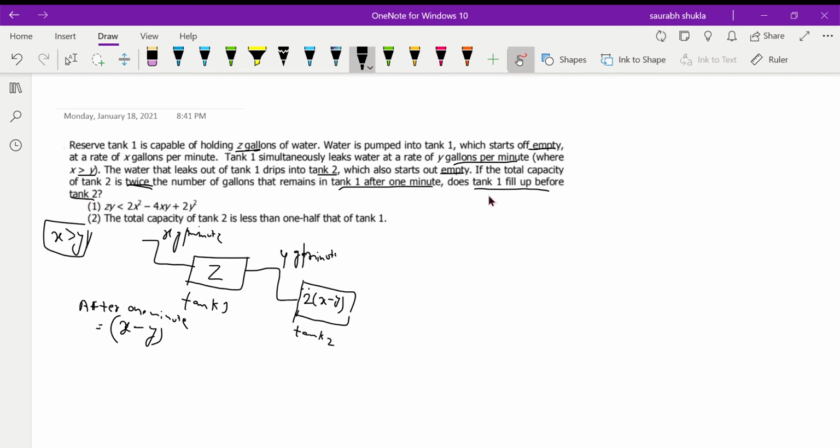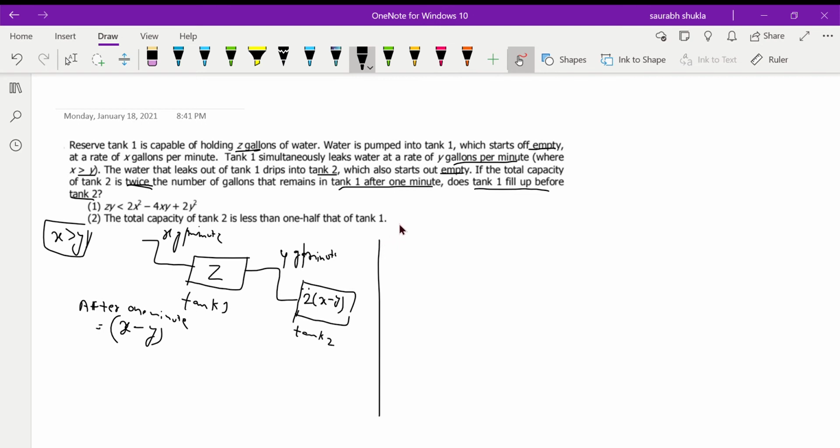Can I say that the question is actually saying that the time taken to fill tank 1 to its capacity is less than that of tank 2? Let me repeat it: the time taken to fill up tank 1 to its capacity is less than the time taken to fill up tank 2 to its capacity.